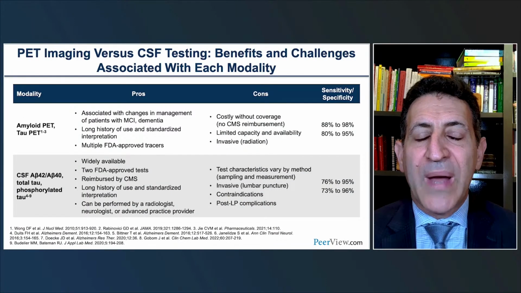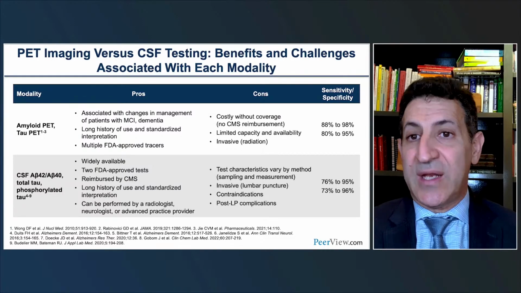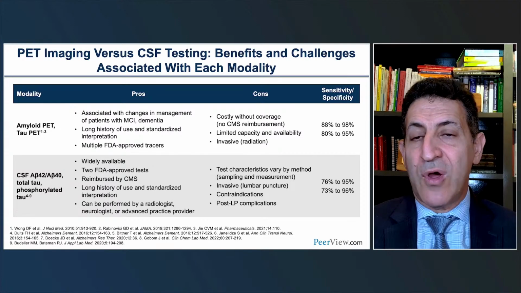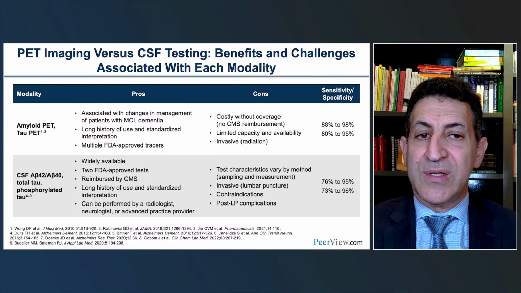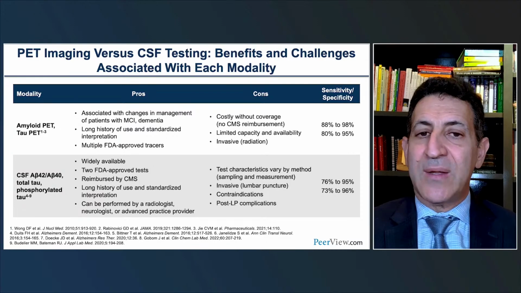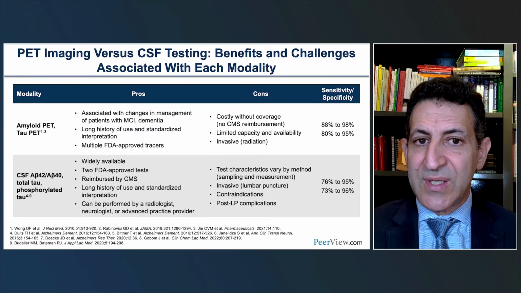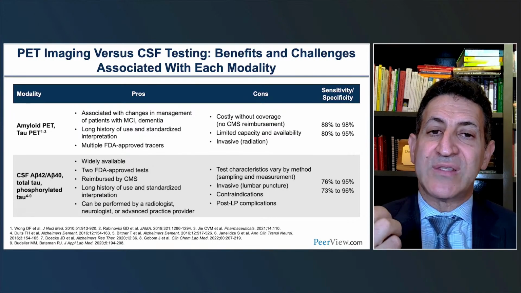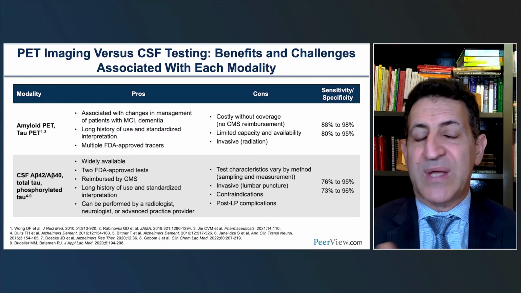So what about testing? I actually had a patient ask me today in clinic, should I do PET? Should I do CSF? What are the advantages and disadvantages? Well, the fundamental thing, at least right now in clinical practice, is that amyloid PET and tau PET have multiple advantages, particularly the fact that it's non-invasive, and patients would prefer to get a PET scan.